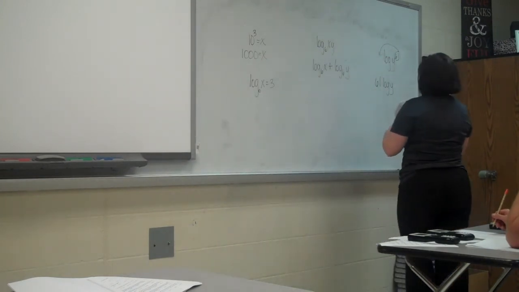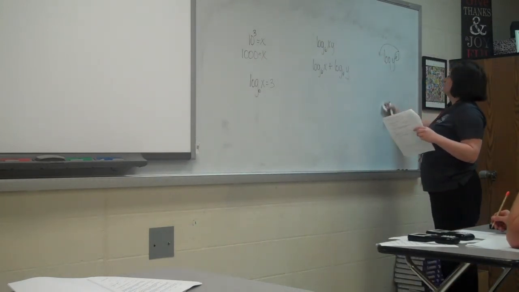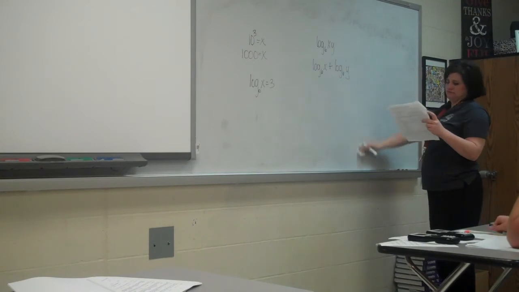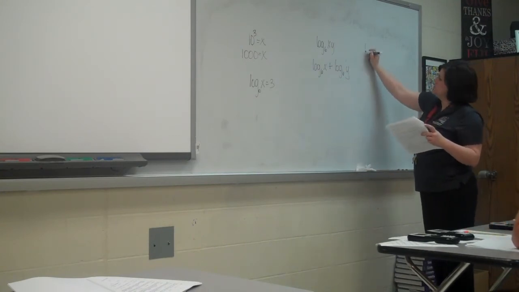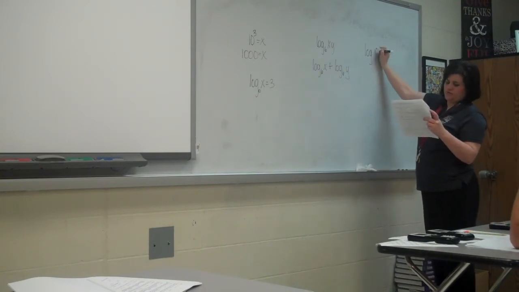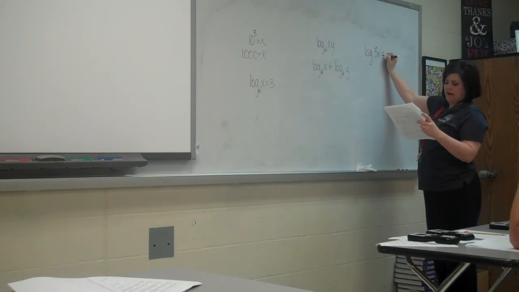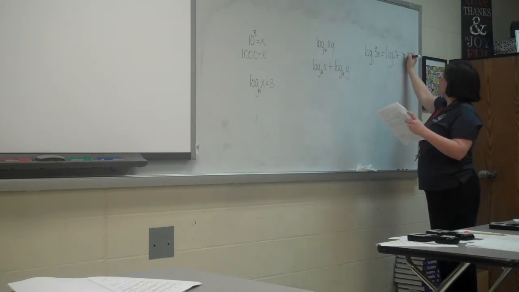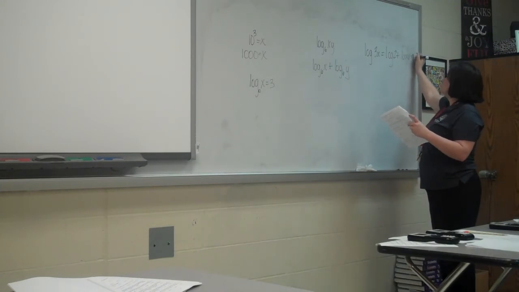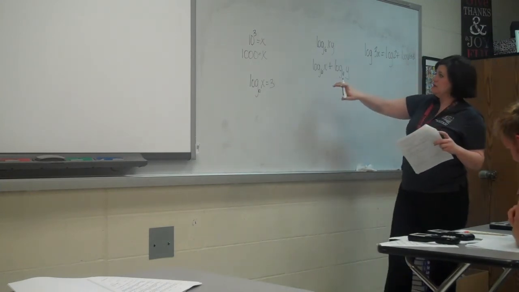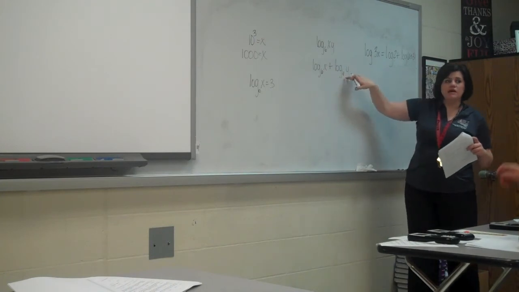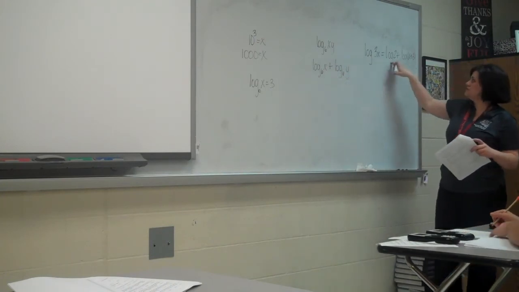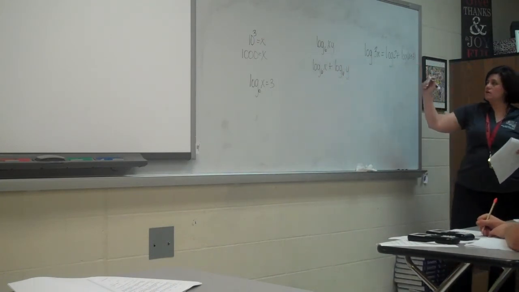All right, 26. We're about halfway through this. Okay, 26: on the left, you've got the log of 3x. On the right, you've got two separate logs. So we need to put those together like we did here. They were together and we separated them. So here they're separated and we need to put them together.